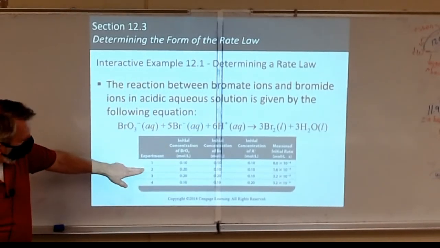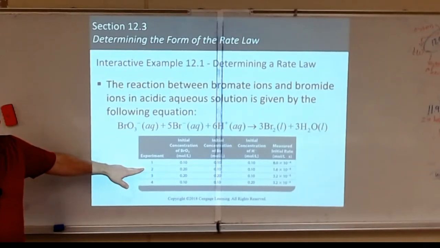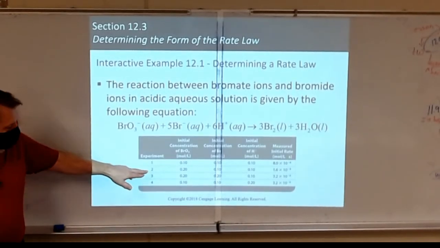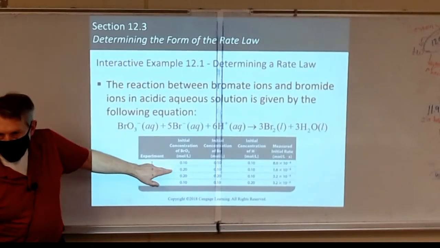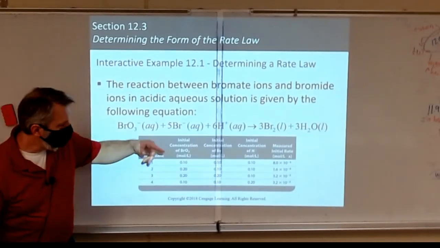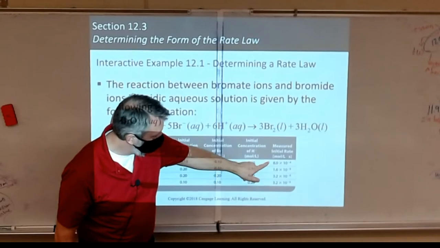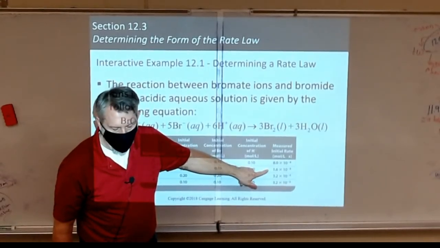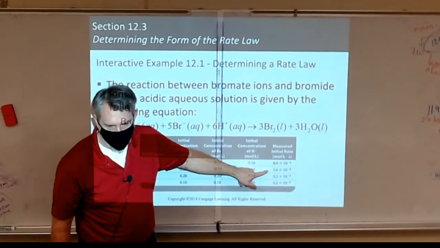Notice experiment 2, what was the thing we changed? Between 1 and 2, what did we change? Bromate, right, the concentration of bromate. And what did we do specifically? Doubled it. Now let's look over here. What happened here? It's double.